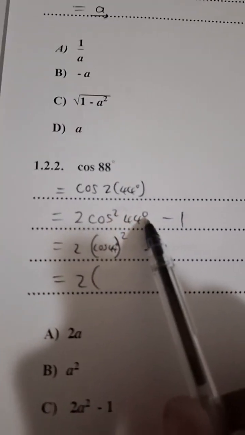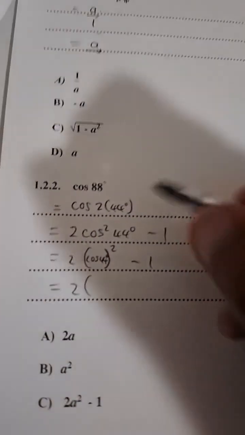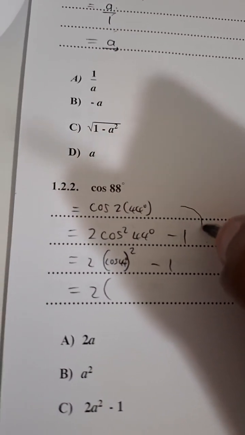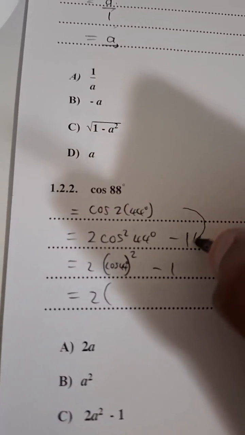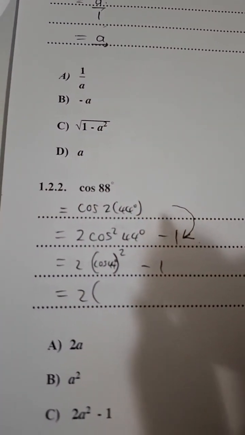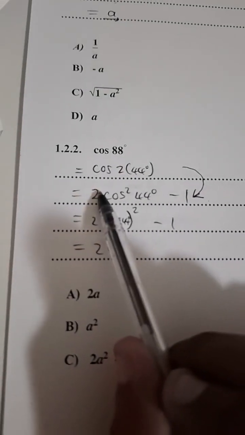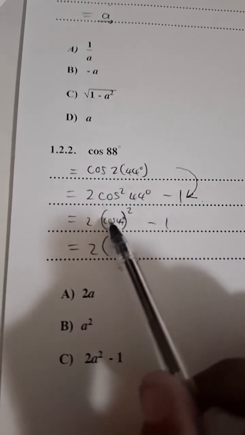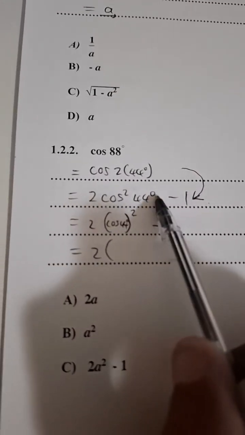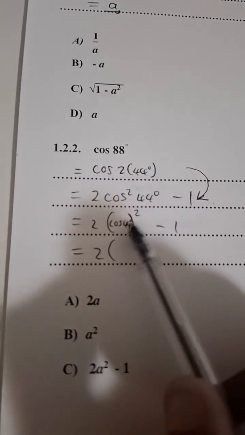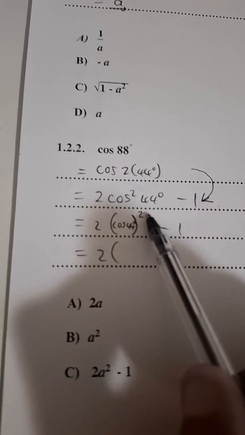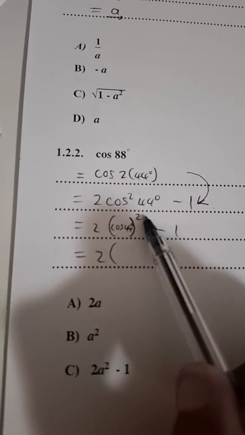So now I'm going to say 2 cos squared 44 degrees minus 1. This is me expanding using the double angle identity. Then I rewrite this, 2 cos 44 degrees, but it has a square, so I just wrote cos 44 and put the square outside.